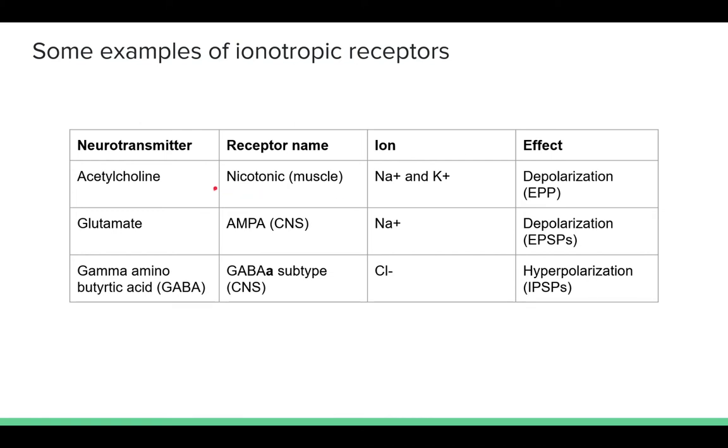When acetylcholine binds to nicotinic receptors, they open, and this is an example of a channel that is semi-specific. It lets both sodium and potassium through. Even though those may seem to have opposing effects, the net effect of opening these nicotinic receptors is depolarization. And remember, in muscle cells, that depolarization we call the end plate potential.